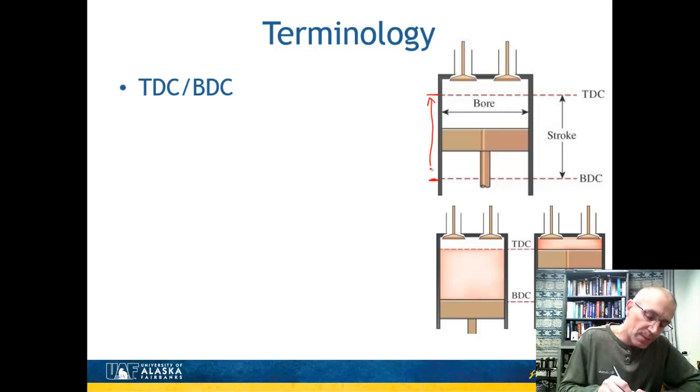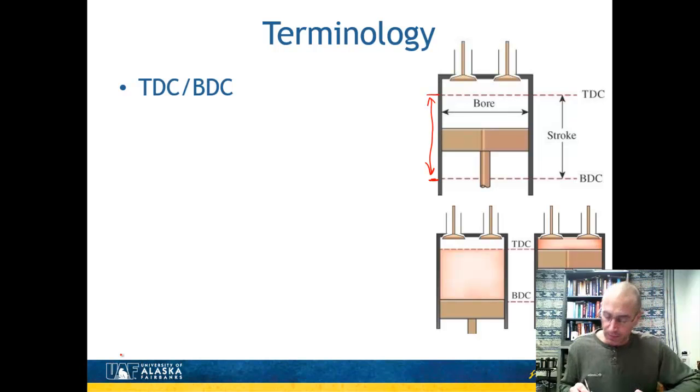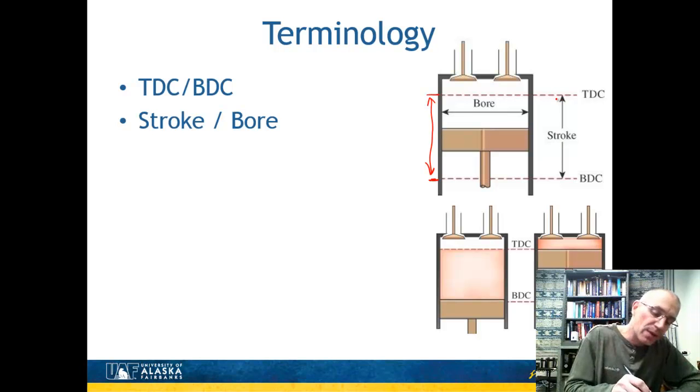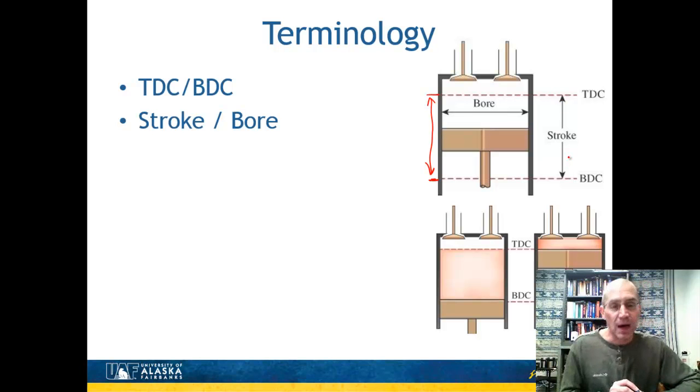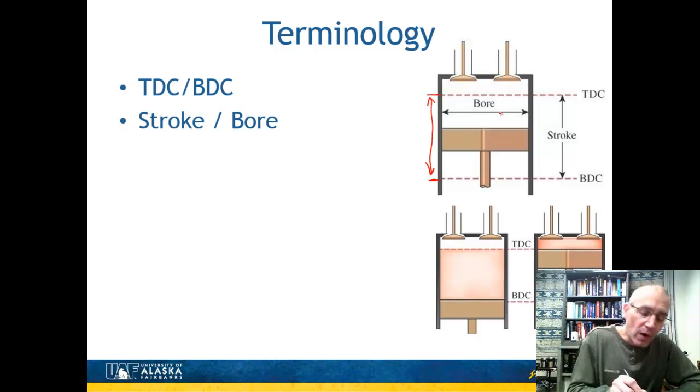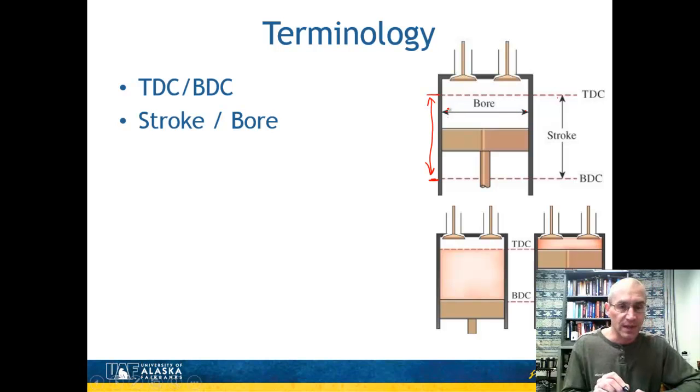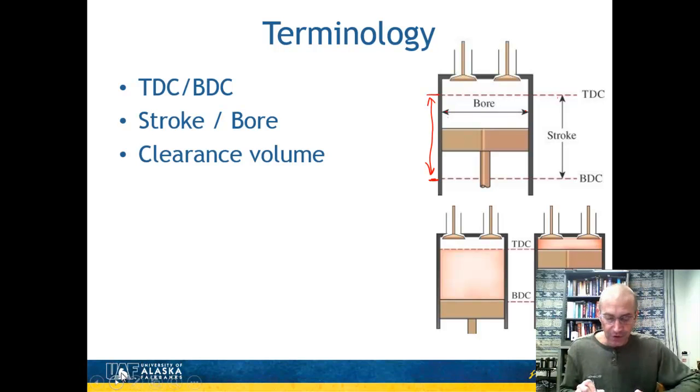And then what happens as it operates and reciprocates, it goes back and forth between top dead center and bottom dead center. The stroke is the length that it's going between top dead center and bottom dead center. And the bore is the diameter that I have across here. So I have the stroke, and then I've got the bore, which is the diameter. And this is normally a cylinder, so it's actually got a circular cross-section, and the bore is the diameter of that cylinder.